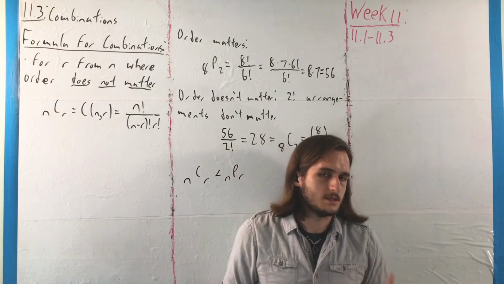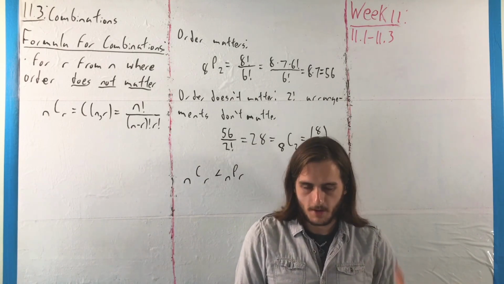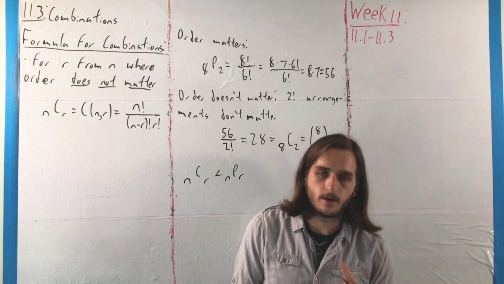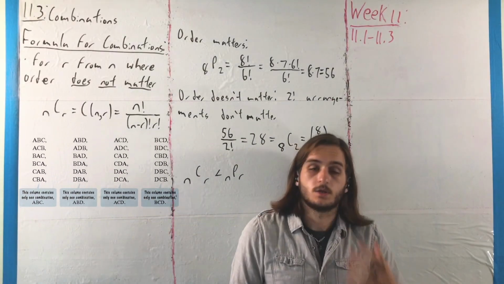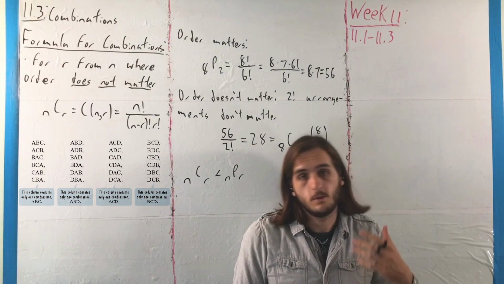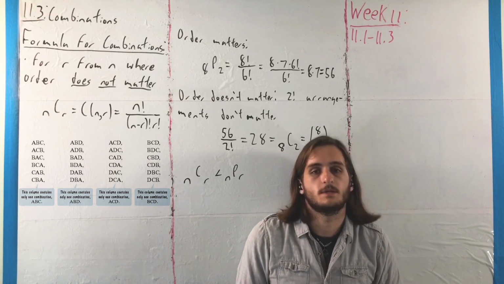And you can very quickly see why if you think about taking, say, groups of 3. If you're picking 3 things and you don't care about organization, things like ABC, ACB, BCA, CAB, CBA, those are all exactly the same to you because those are 3 groups of A, B, and C. Whereas if you care about order, those are all unique selections. So if we care about order, we should get more options, and outside of those very special circumstances, we generally do.